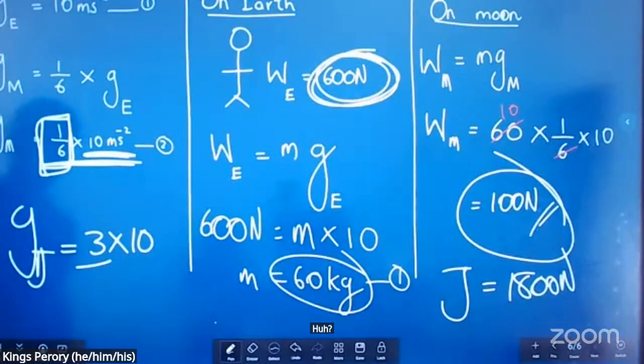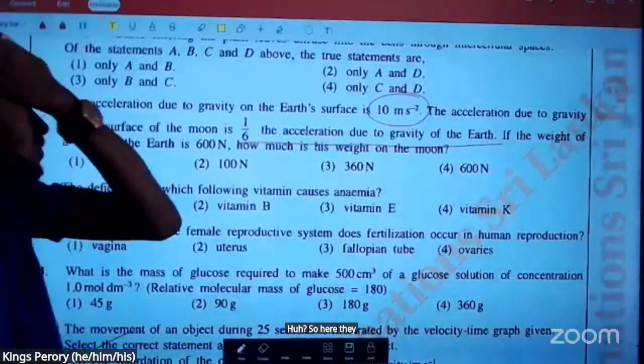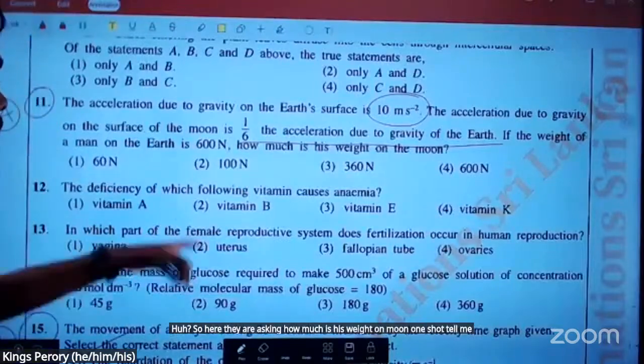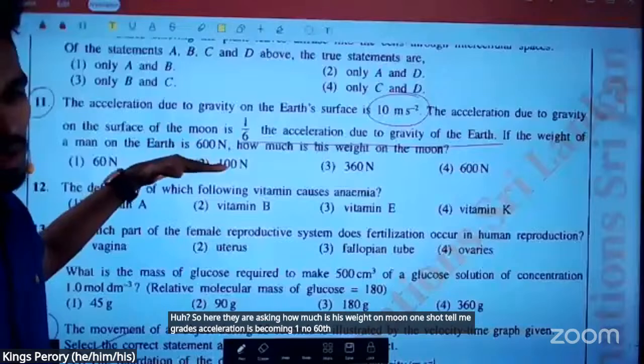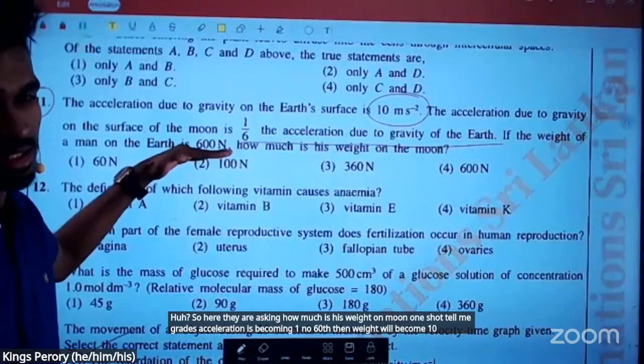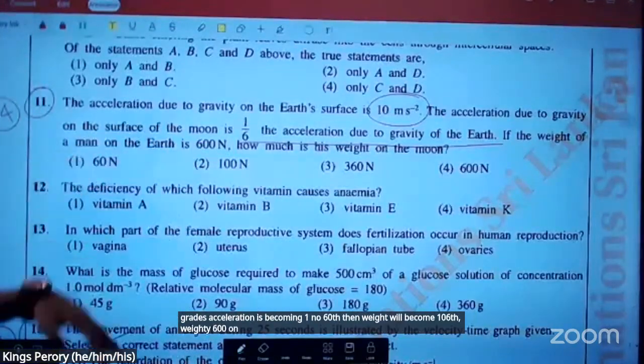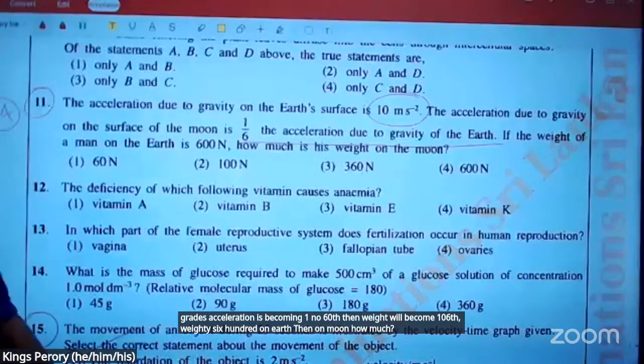So here they are asking how much is his weight on moon. Gravitational acceleration is becoming 1/6 of Earth's, then weight will become 1/6 of Earth's. Weight is 600 on Earth. Then on moon how much? 100 Newton.